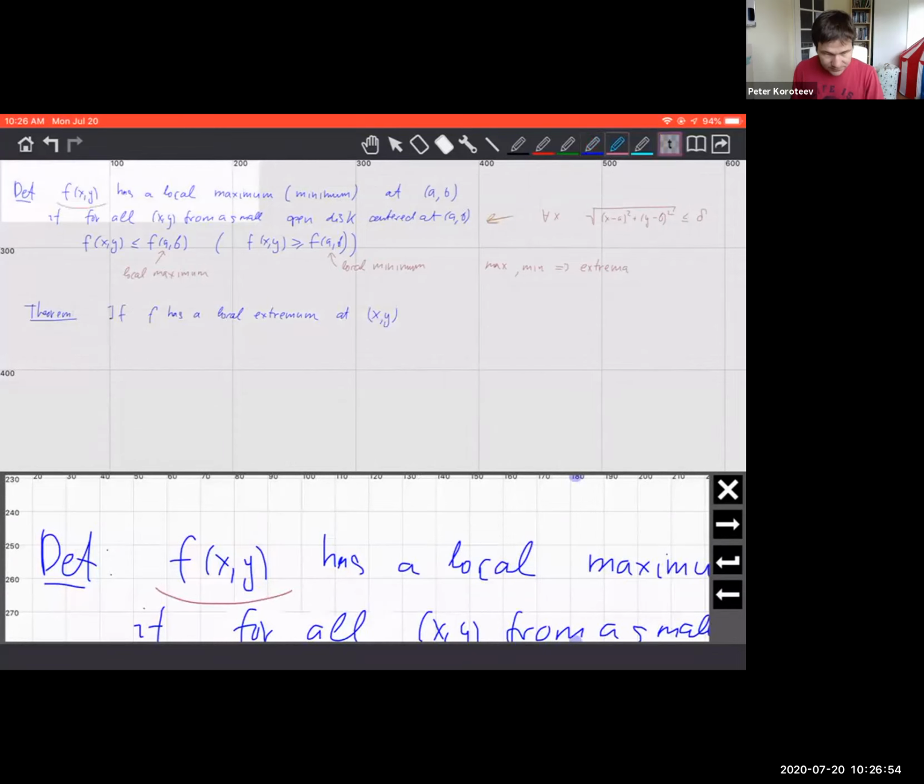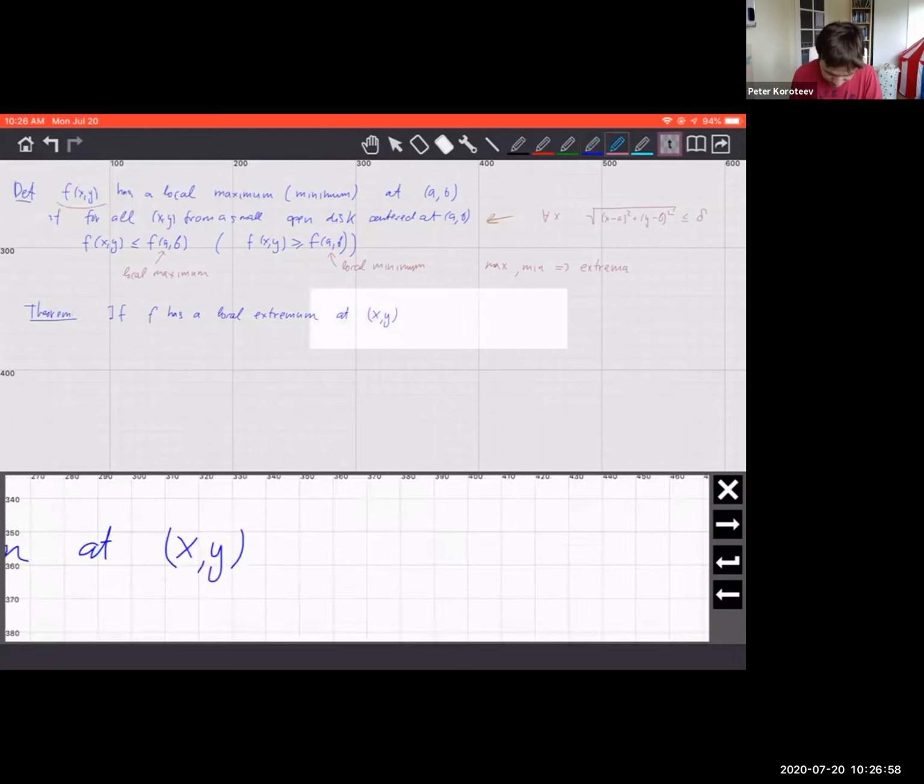Everything that I say easily generalizes to functions with more variables. We'll look at some examples later. And at this point, we need to ask that the partial derivatives exist.